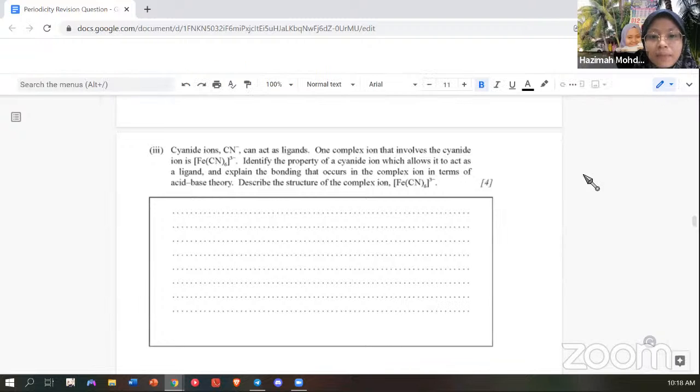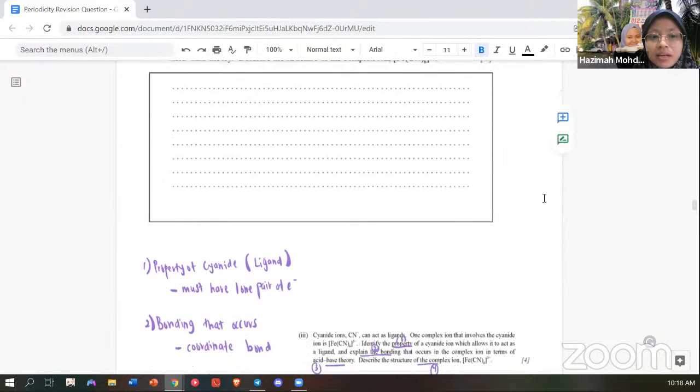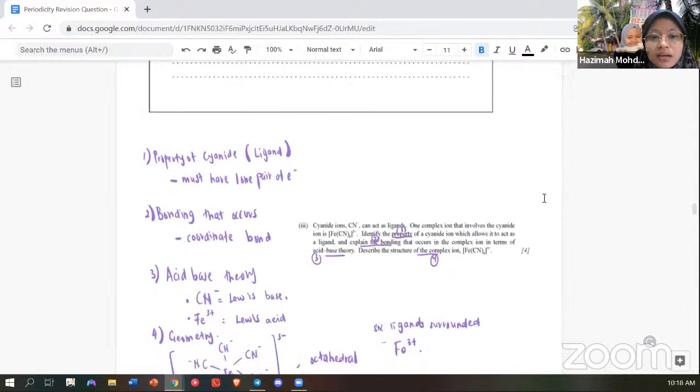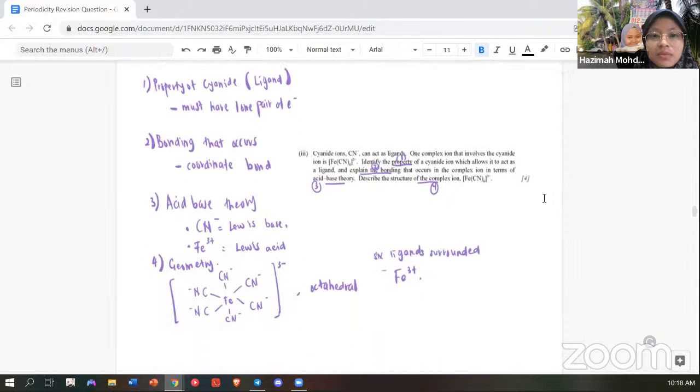Okay, ni soalan ni macam ringkaskan. So from the question, dia nak apa? Nombor 1, dia nak identify the property of cyanide ion. So kita kena identify property of cyanide ion, which is cyanide ion is a ligand.